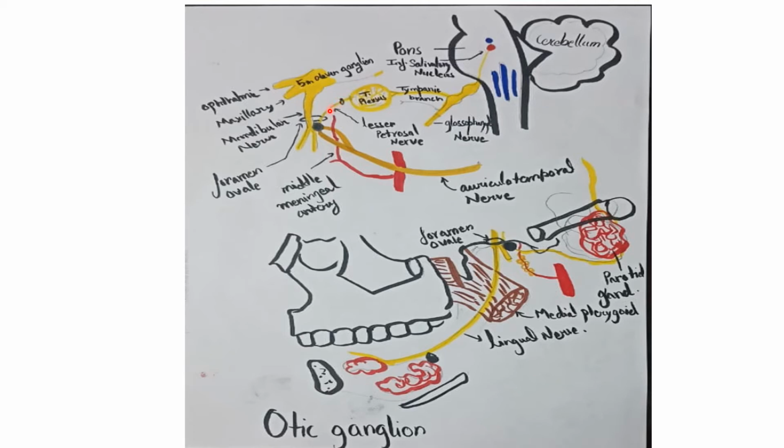So it comes out through the lesser petrosal foramen, and then it comes out again from the cranial cavity via the foramen ovale. If you remember the contents of the foramen ovale, one is the mandibular nerve and the next is your lesser petrosal nerve. Right, so the lesser petrosal nerve comes out through the foramen ovale and joins the otic ganglion as a preganglionic fiber.